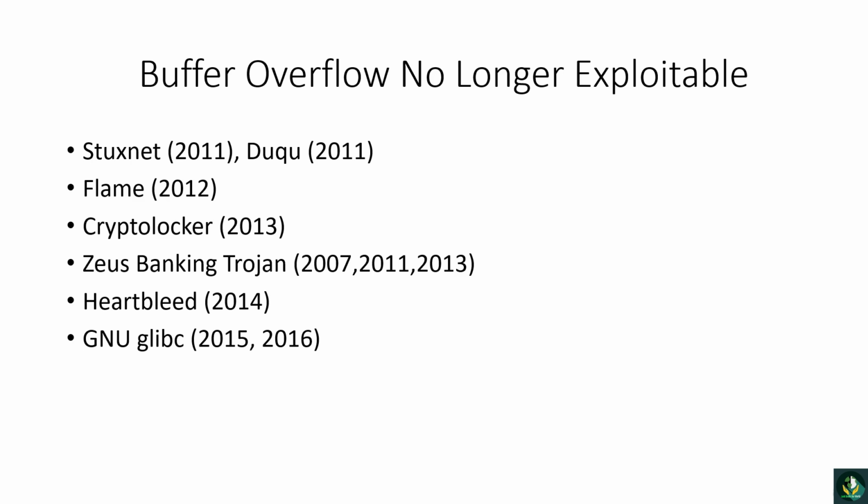Although Zeus relies on social engineering to infect the system, once installed it uses known buffer overflow flaws in Adobe products and Microsoft ActiveX to steal bank credentials and usernames and perform key logging on user input. The 2011 and 2013 variants of Zeus continue to exploit buffer overflow vulnerabilities when possible.